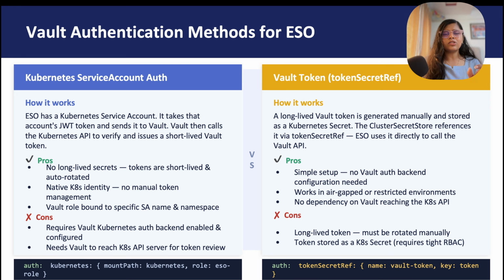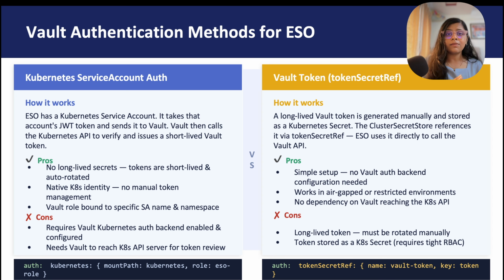So just to remember, one thing you should understand is that here we are making use of a JWT token. Okay, and the vault then issues a short-lived vault token. So it is a short-lived one. It's not a long-term token that we are going to use, right?